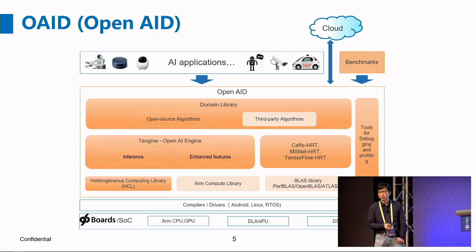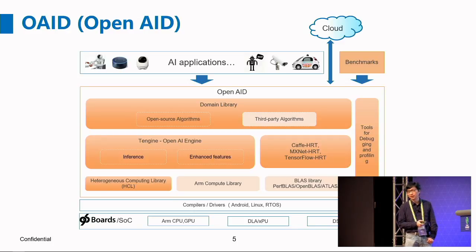You don't need to know what exact algorithm you are using. Maybe it's based on MTCNN, this network, but you don't need to know. You also don't need to know what the framework you are using. It's Caffe or it's TensorFlow. You don't need to know that. That's a domain library.